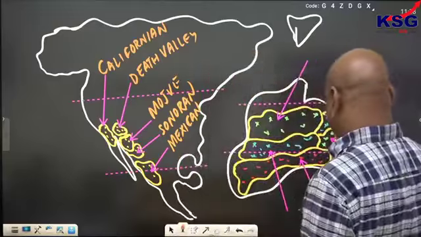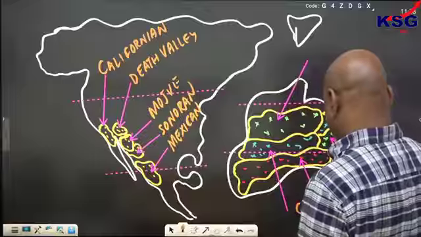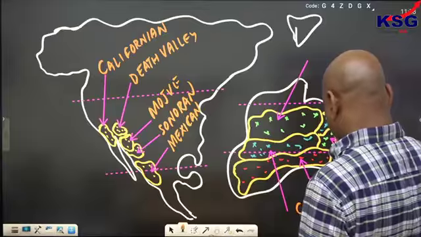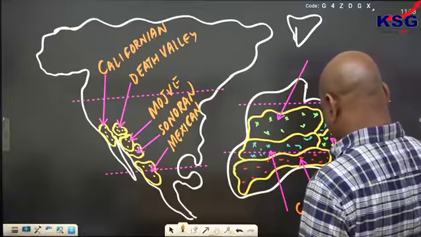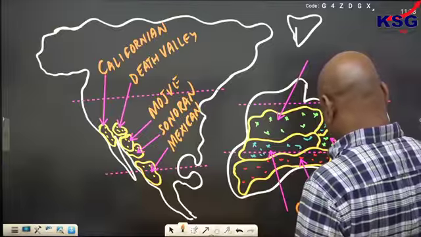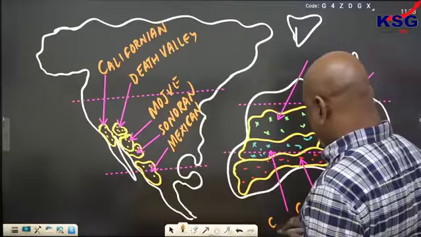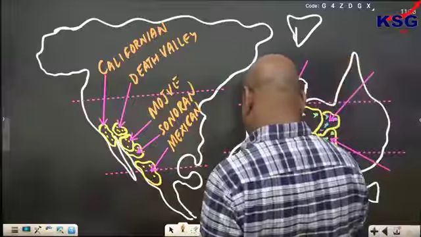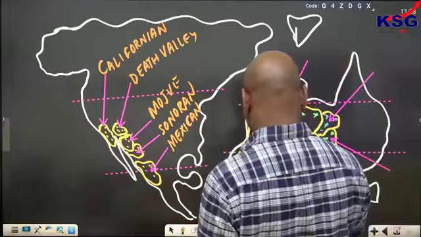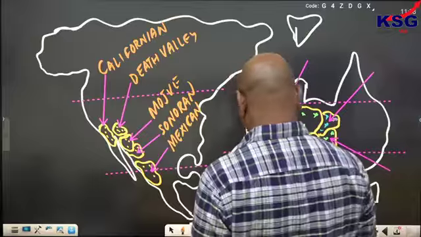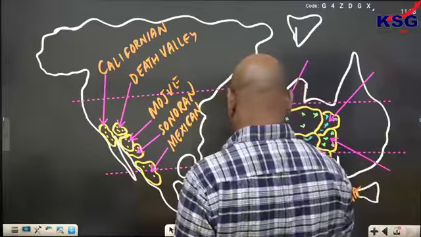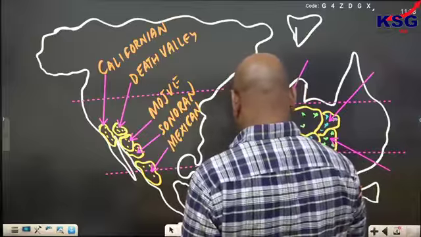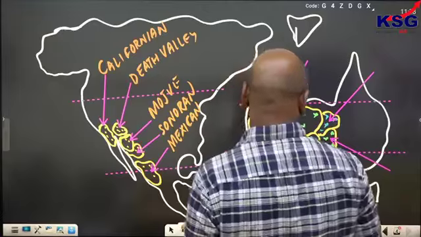This is Great Victoria. This is Gibson Desert.